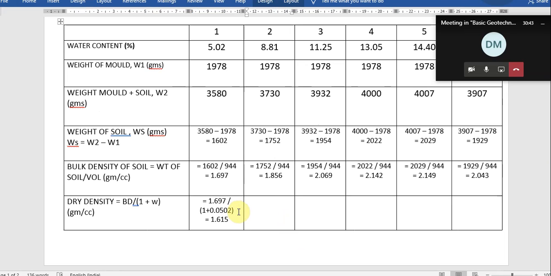So similarly calculate the dry density for the second trial, 1.856 divided by, the water content is 8.81, so 1 plus 0.0881.